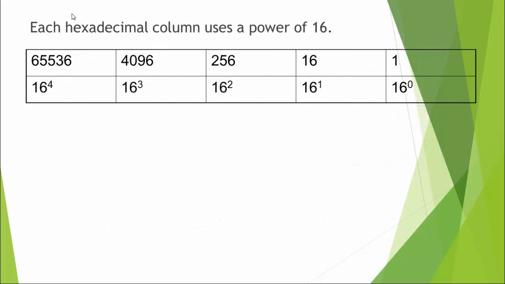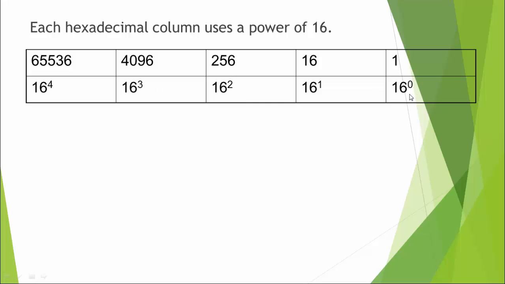So perhaps it won't surprise you that we go right back to this kind of a table of numbers, table of digits. So whereas in decimal we had 10 to the 0, 10 to the 1, 10 to the 2, 10 to the 3, etc. And in binary we had 2 to the 0, 1s, 2 to the 1, 2s, 2 to the 2, 4s, and so on.